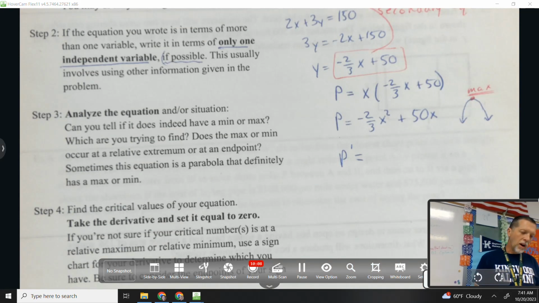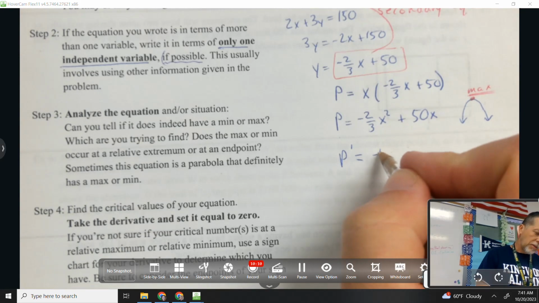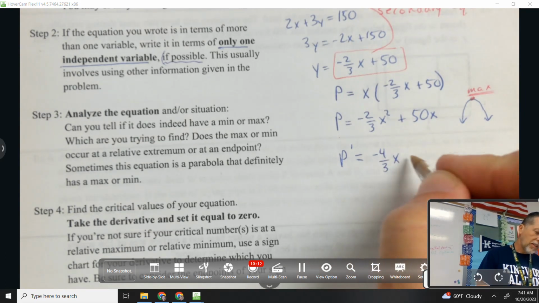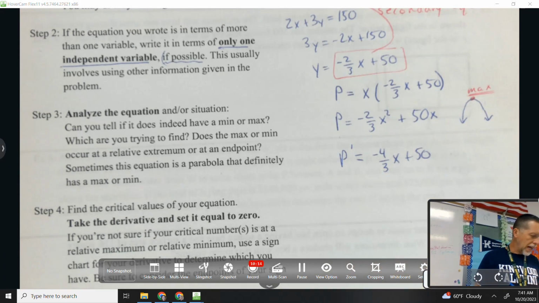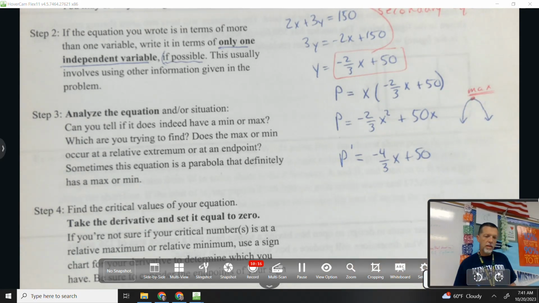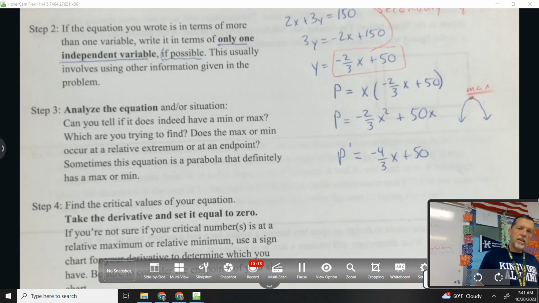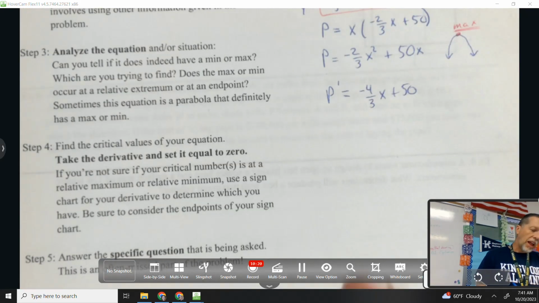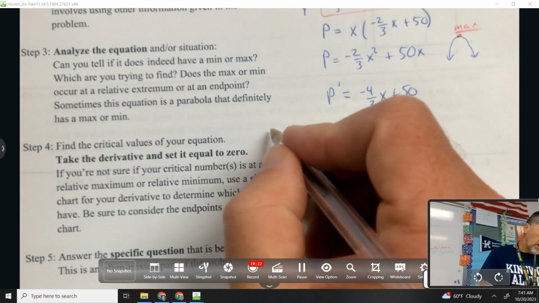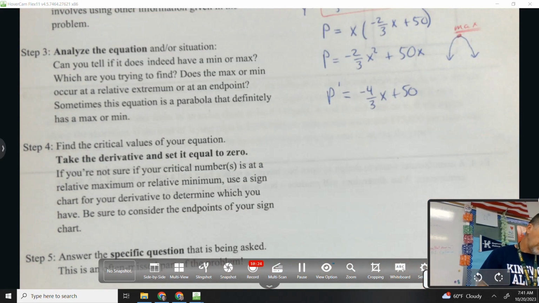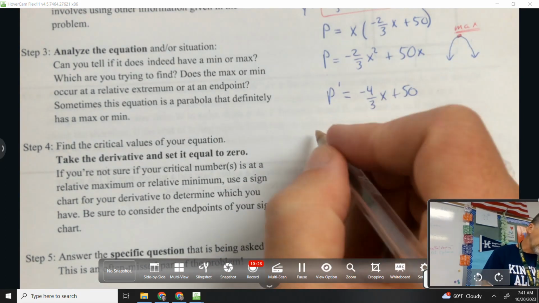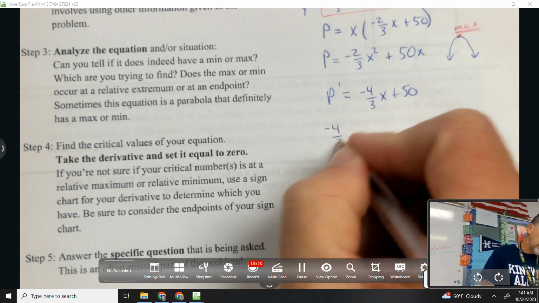So P prime, let's see, that would be negative 4/3 x plus 50. And we'll set that equal to 0. Critical numbers where derivative is 0 or undefined.